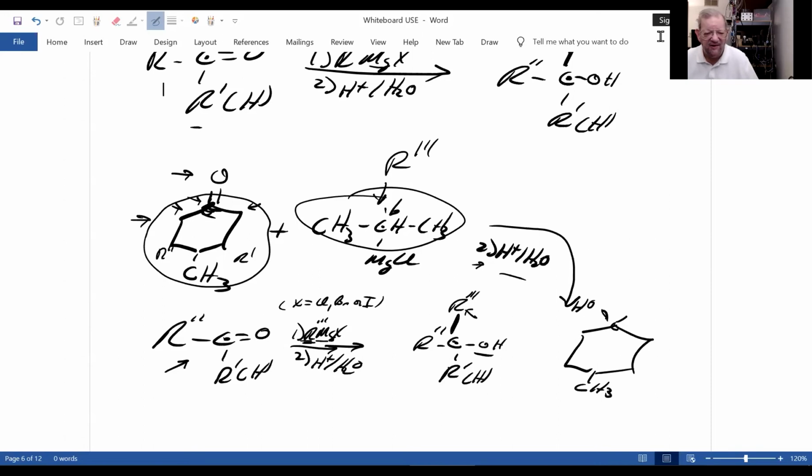My Grignard is on the center carbon. So therefore, of the 3 carbons, the center carbon is bonded to my ring. And now I've made this very complex molecule. And that's how you do a Grignard.